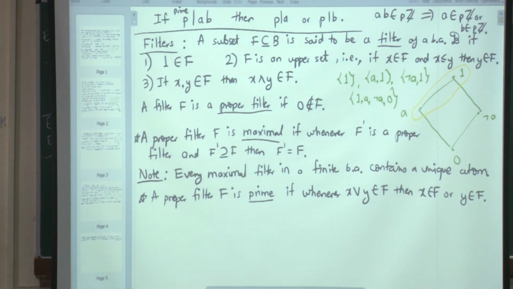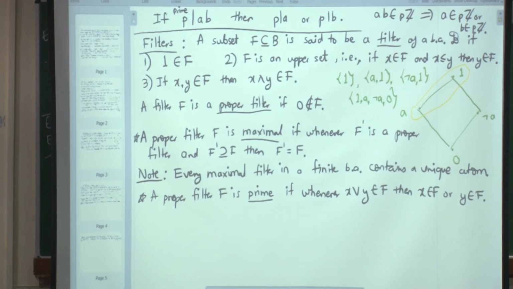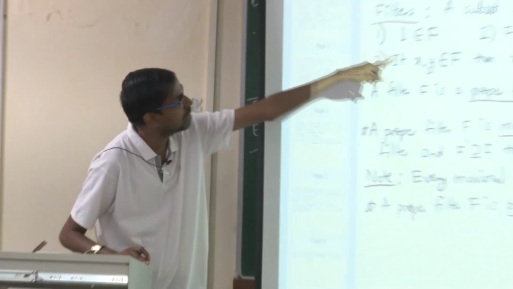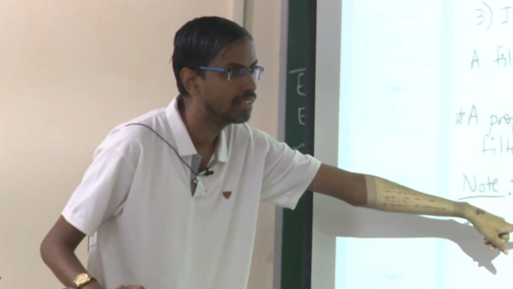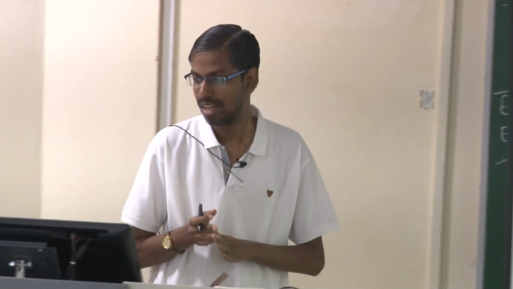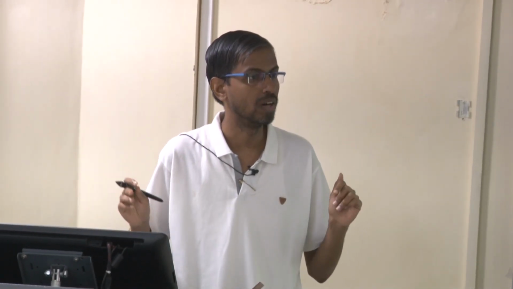So in algebraic language, PZ is called an ideal. It's a prime ideal of the ring of integers. That's the property, and the same property we are using here. If X join Y belongs to F, then X belongs to F or Y belongs to F.